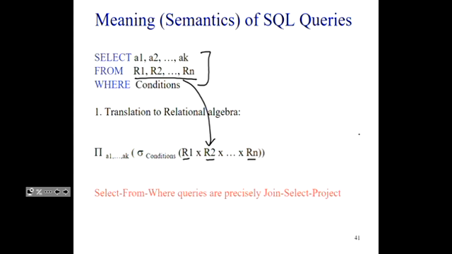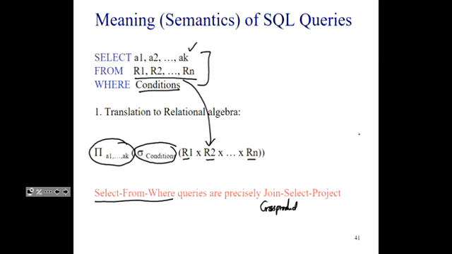And then you are selecting the tuple combinations that satisfy the conditions listed in the where clause. And then you're projecting onto the attributes that are listed in the select clause.